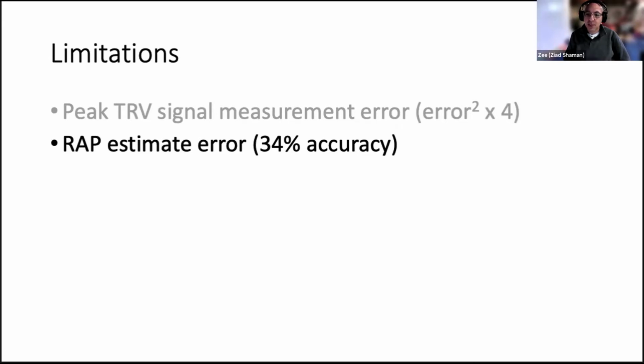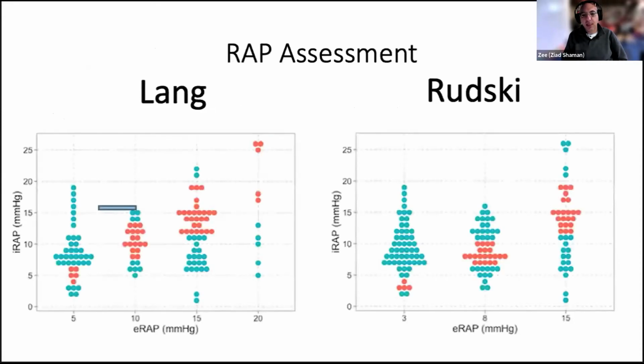There are multiple schemes for predicting the right atrial pressure from looking at the IVC. There was a meta-analysis looking at multiple of them, and these are two of the famous ones, Lang and Rudski. And here is what the invasive right atrial pressure measurement was for every estimate made by looking at the inferior vena cava.